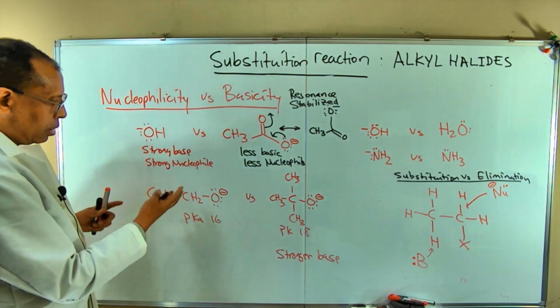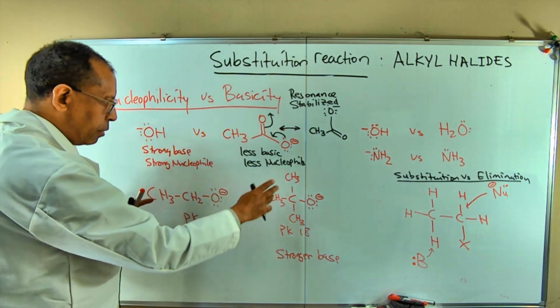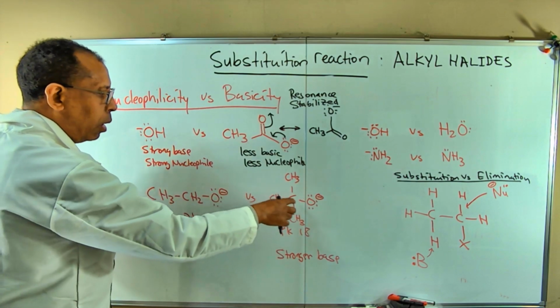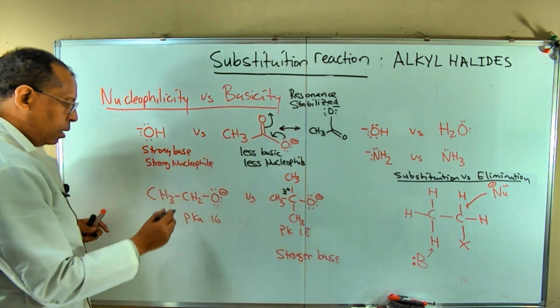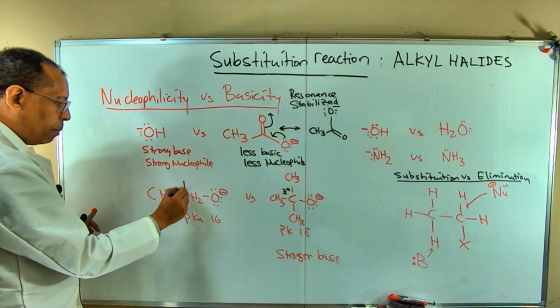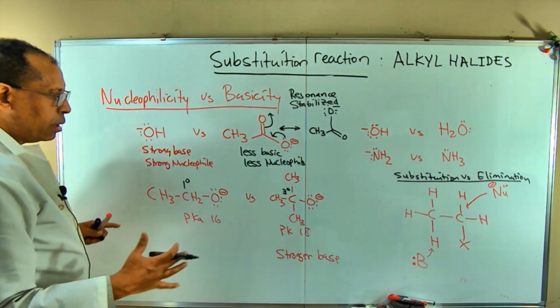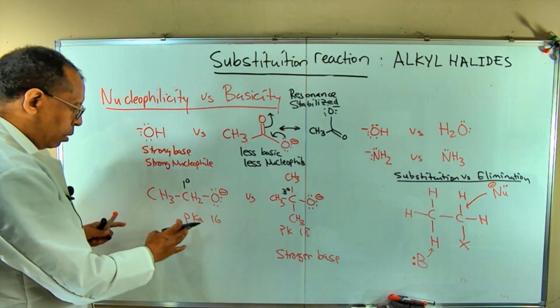Even just looking at them, the size is different. This alkoxide is on a tertiary carbon, one of the differences. This alkoxide is on a primary carbon. Okay, that's fine. Let's see the strength of their basicity from their pKa value.